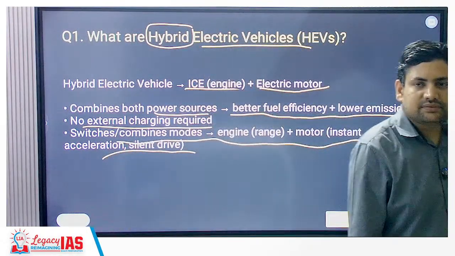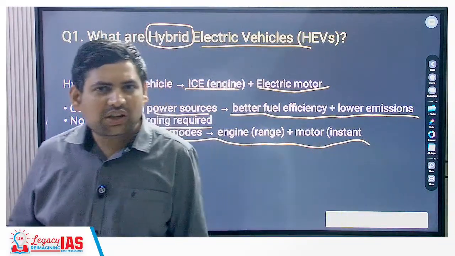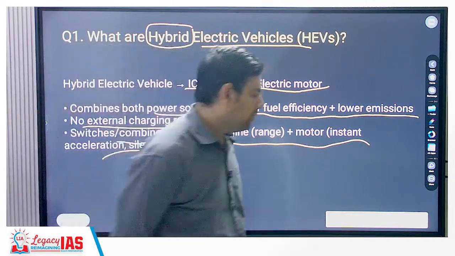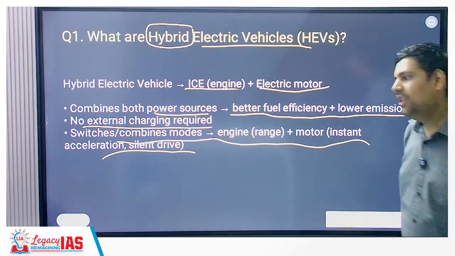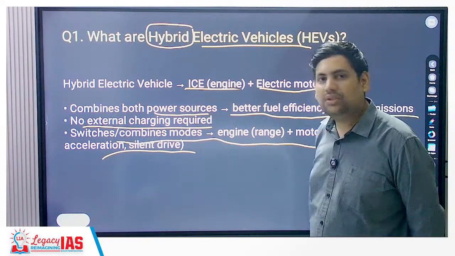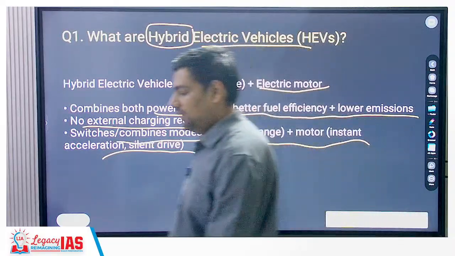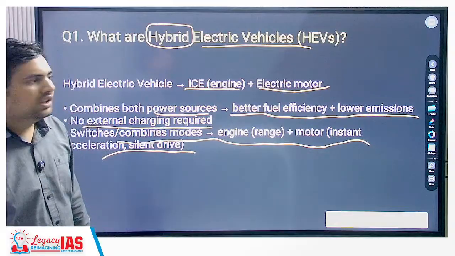So let's say you are traveling in the city, then you can use the electric motor directly, correct? That much it will be charged and you can go. Now let's say you want to go from Bangalore to Chennai. Chennai is far, correct? For an electric vehicle to run that far on a single battery is very difficult. Charging takes time.